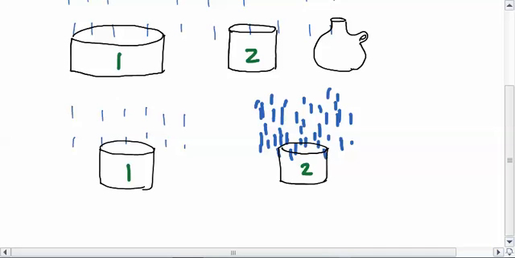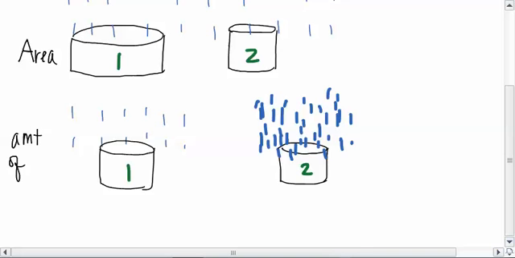Yeah, 2, because it's not necessarily its volume, but the size of the opening, the size of the space that can flow through. So flux depends on the area or the space that it can flow through. It depends on the strength of the stuff, so the amount of stuff.